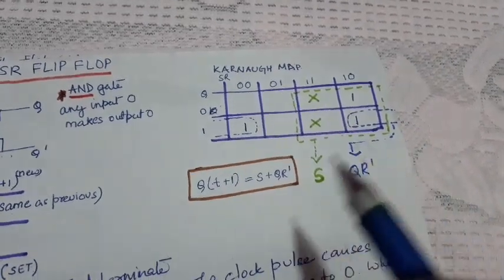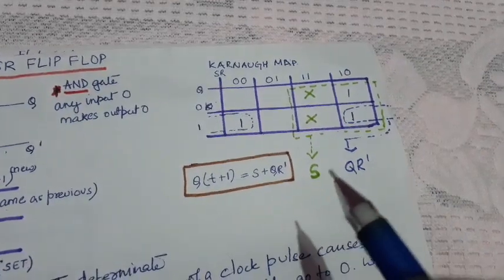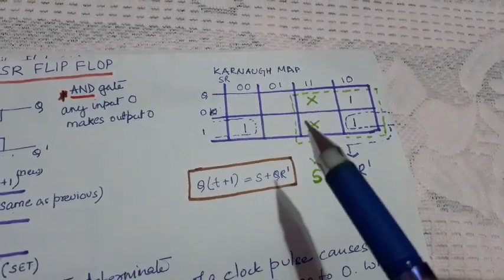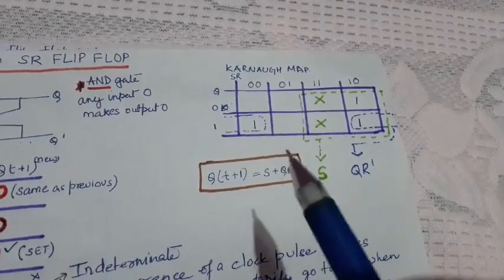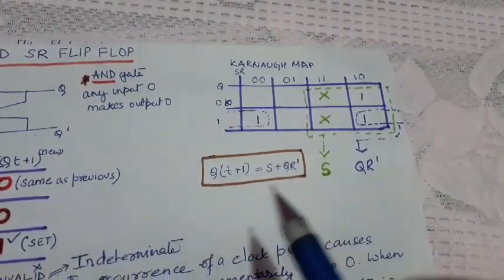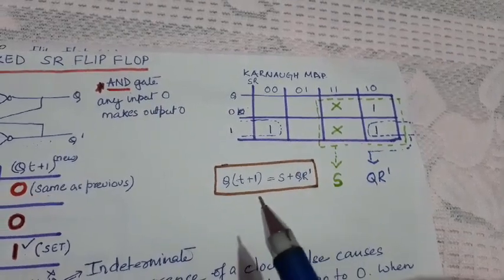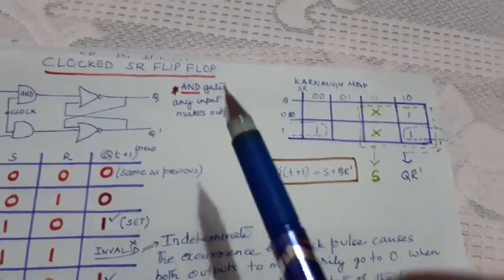I hope you know the process to list all the constant variables which are not changing. In the green one, S is not changing. In the blue one, Q and R prime are not changing. We put it together, and that is the expression for our clocked SR flip-flop.